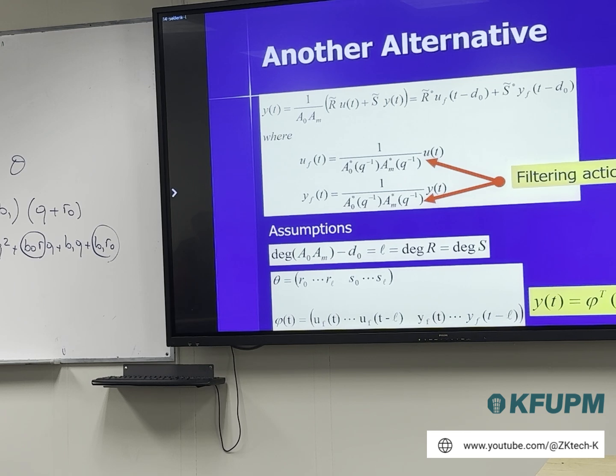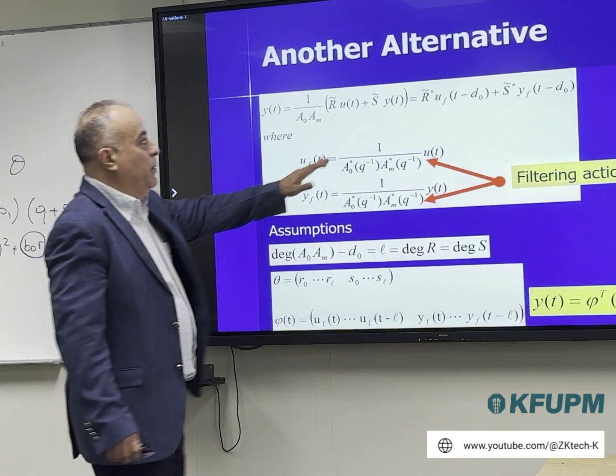We have included B0 in R, and we called it R tilde. And we have put B0 in S and we call it S tilde. One of them is supposed to be monic. So you can take the coefficient out, then you have the monic polynomial. So the value of R tilde is supposed to be monic.